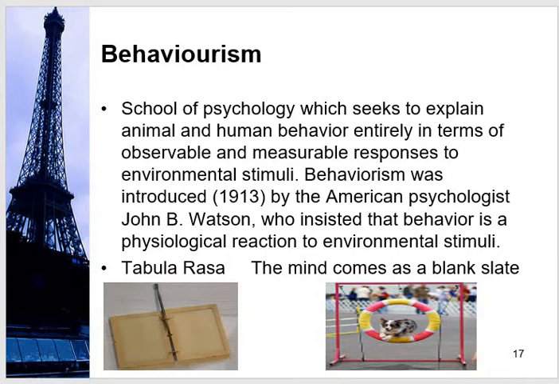Behaviorism was introduced by the American psychologist John B. Watson, who insisted that behavior is a physiological reaction to environmental stimuli and mind is a tabula rasa. On the left side you see a blank slate. Behaviorism says that mind is a tabula rasa, just a blank slate. Whatever you print on it, it will emerge over there.